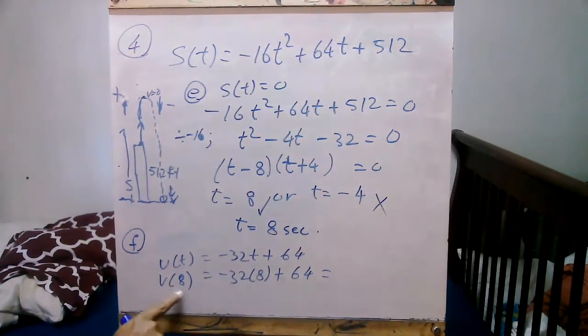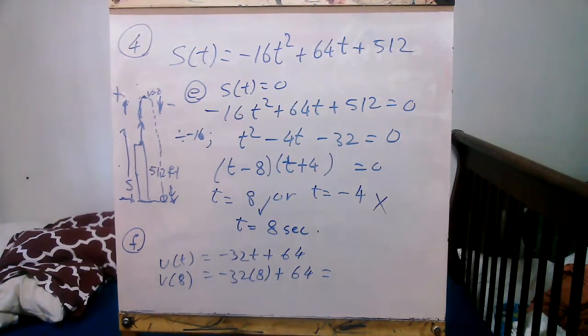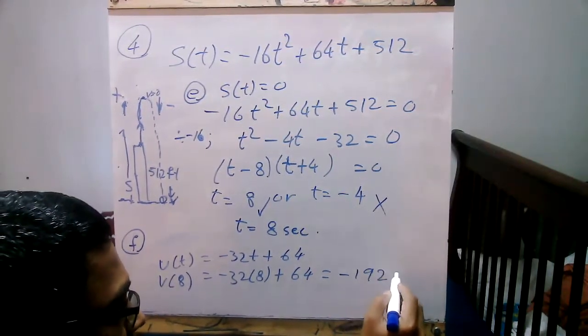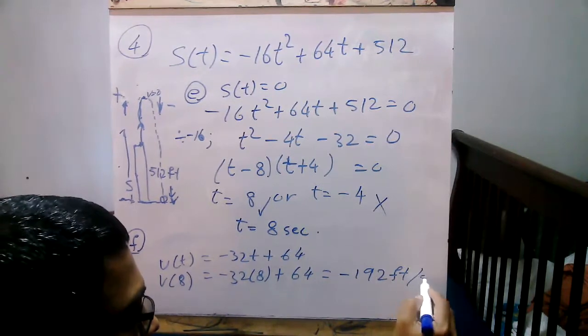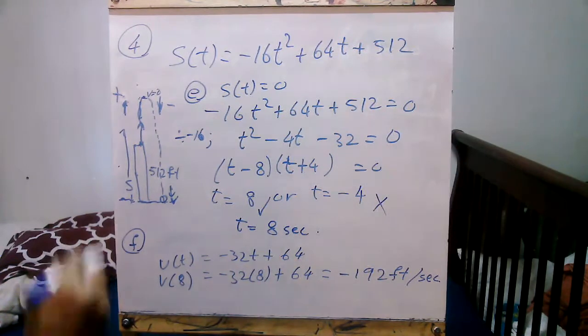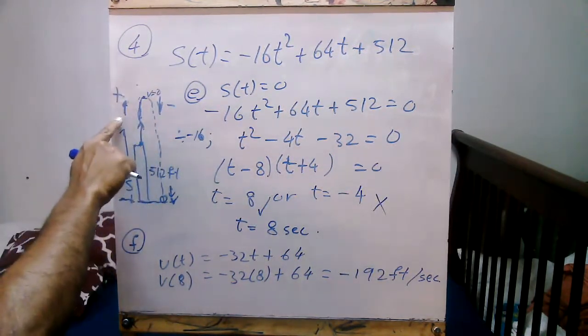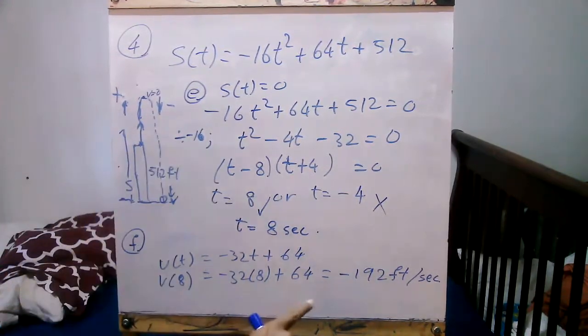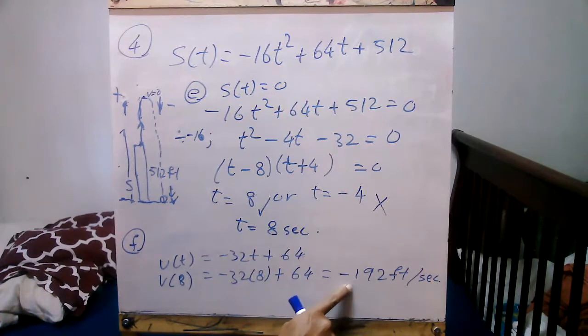V(8) means velocity at 8 seconds, equals negative 192 feet per second. Now you know what this negative 192 feet per second means. Its velocity here is downwards. With the sign convention we selected, upwards is positive, downwards is negative. Therefore after 8 seconds it has this much velocity downwards.